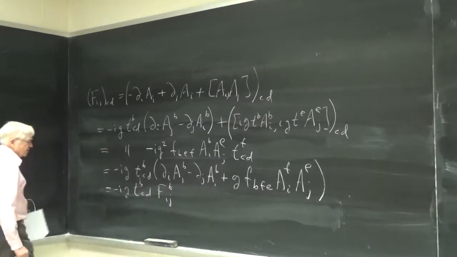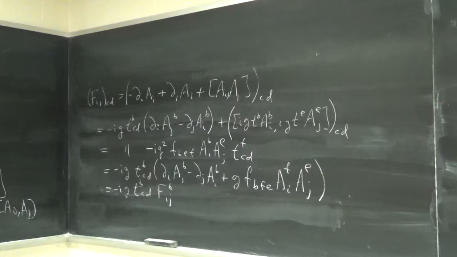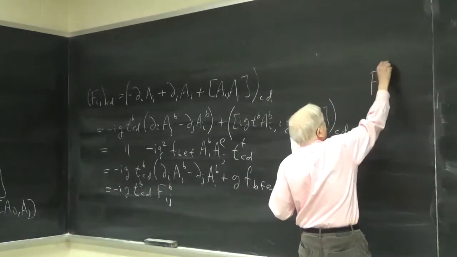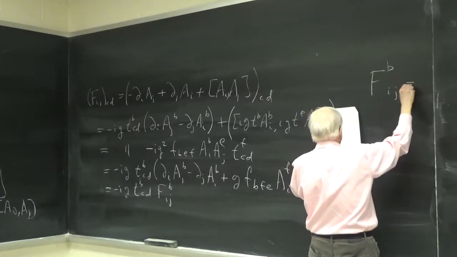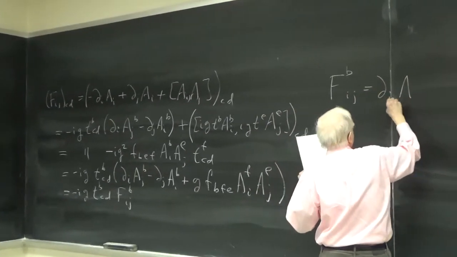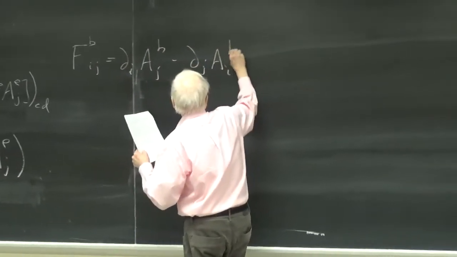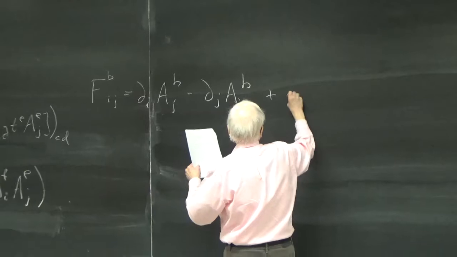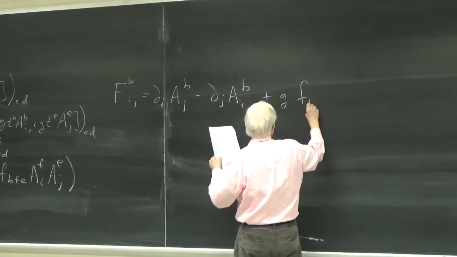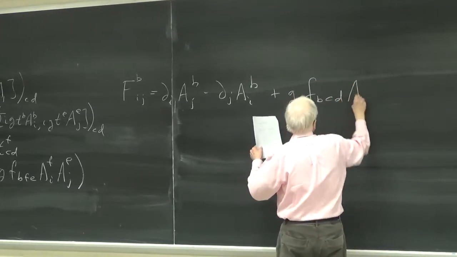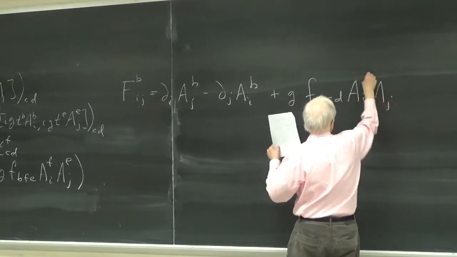So this is the B component of the Faraday tensor. In other words, F^B_ij is D_i A_j^B minus D_j A_i^B plus G F^BCD A_i^C A_j^D.